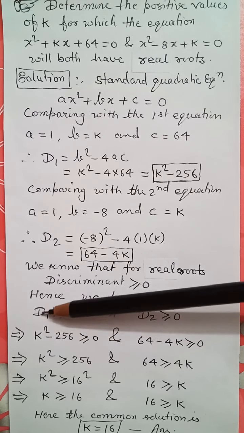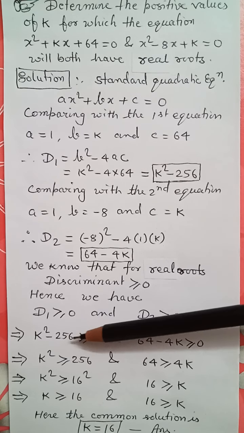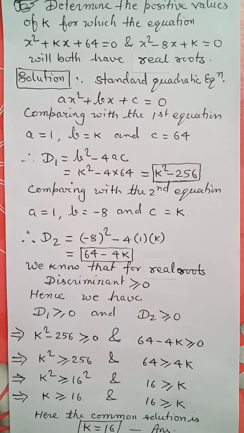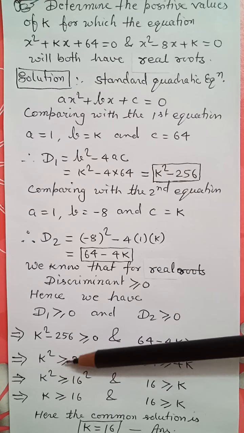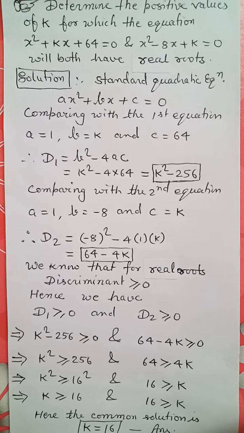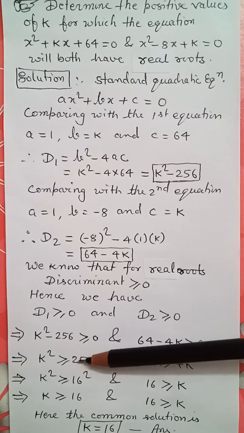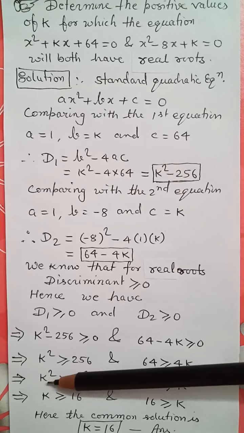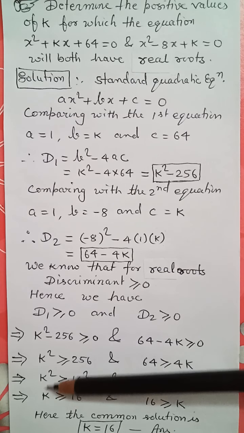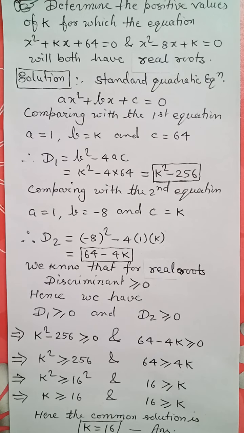If d1 is greater than or equal to 0, this implies k square minus 256 is greater than or equal to 0, so k square is greater than or equal to 256, which is 16 square. Now taking the positive square root, the square root of k square is k and the square root of 16 square is 16.